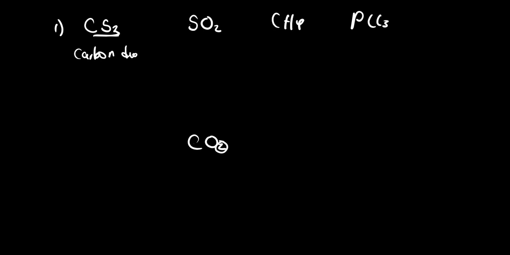Then this one, I don't know the P. The P should be for phosphorus. Okay, if it is phosphorus, it will be phosphorus trichloride because of the chlorine there are 3, but if it was 2 it will be dichloride, just like that.